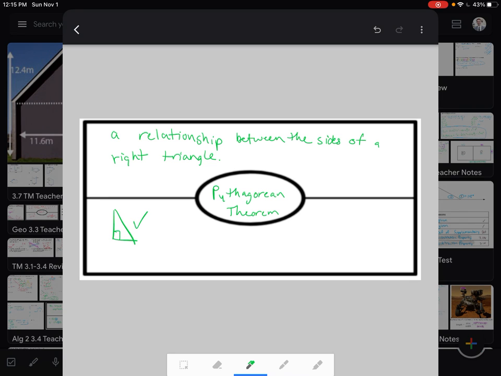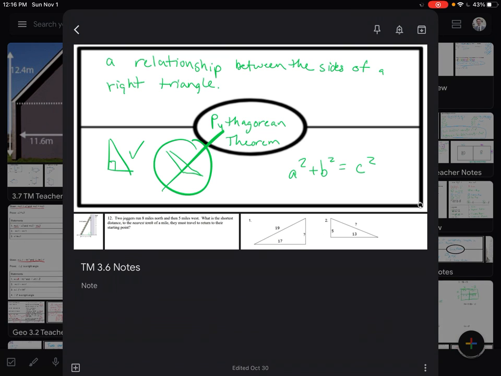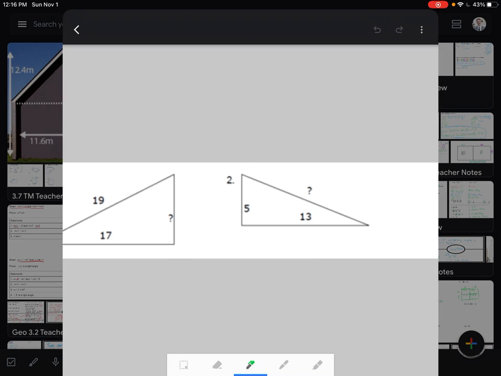So specifically and only a right triangle. So we can use it in something like this, but we cannot use it for an unknown in a triangle like that. And what is the Pythagorean theorem? Well, a squared plus b squared equals c squared. So using those things there, we'll be able to calculate some unknowns for a triangle. And honestly, a pretty useful real-life formula here.